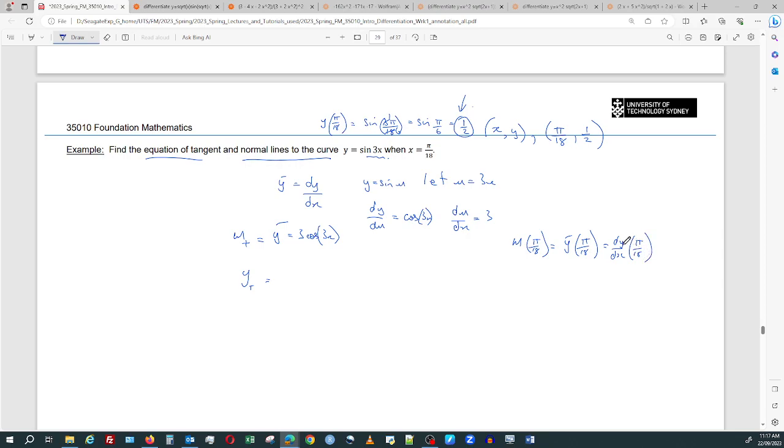Are we getting the message now? So what that's going to mean is everywhere there's an x, we're going to put pi on 18. 3 cos 3 pi on 18.